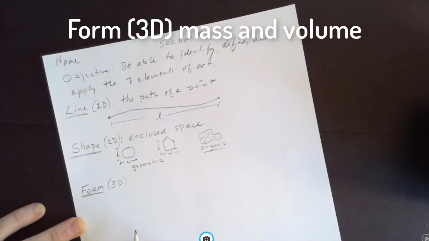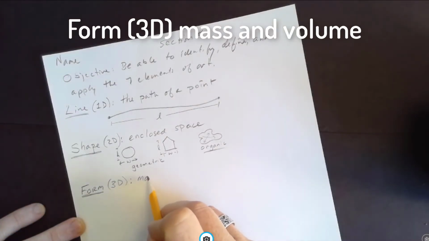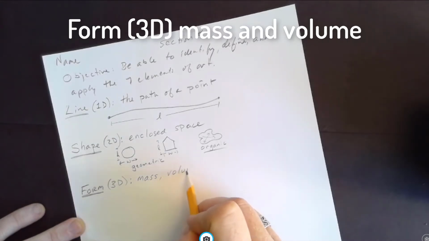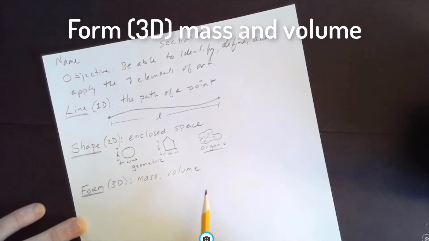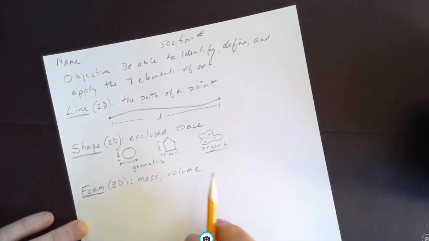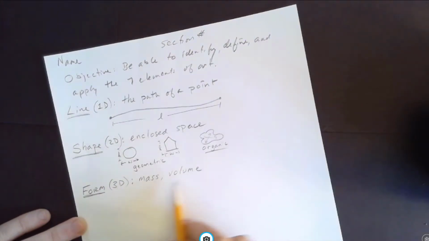But form is our 3rd dimension. And so for form, what I would like you to write is mass, comma, volume. It's this appearance of being mass and volume. And you hear those terms in science class. Mass and volumes are terms you might hear in science.